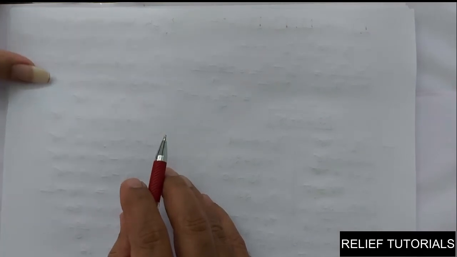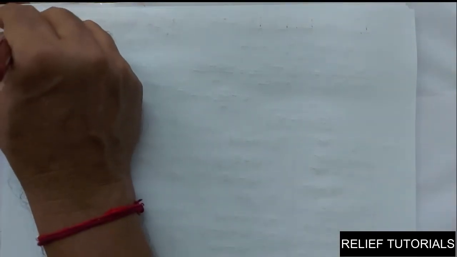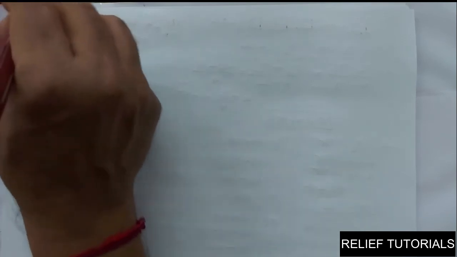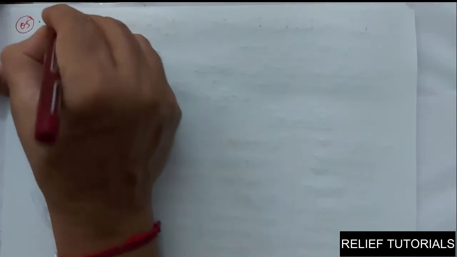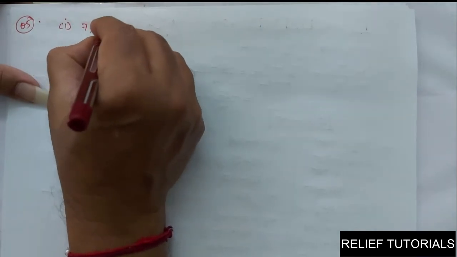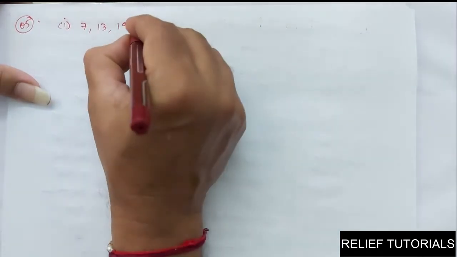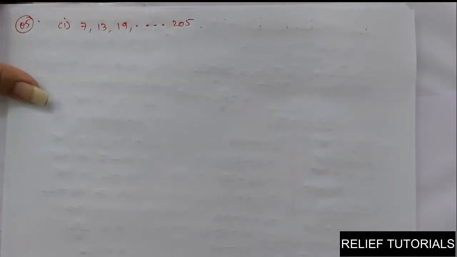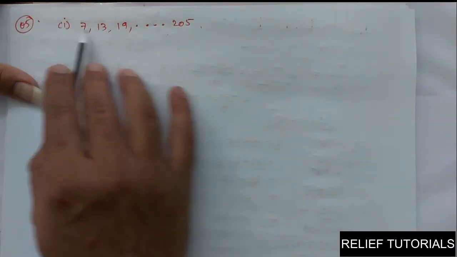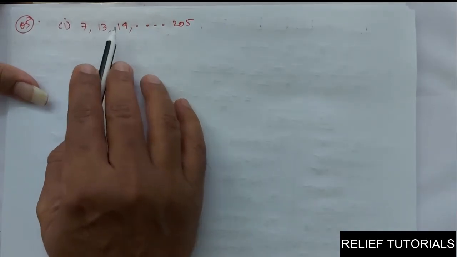So now we have done question number 4. Now question number 5. Find the number of terms in each of the following APs. You have to find the number of terms in each of the following APs. Here 7, 13, 19, and so on up to 205. This is an AP. How many terms are there in this AP? This is the first term, this is the second term, this is the third term.